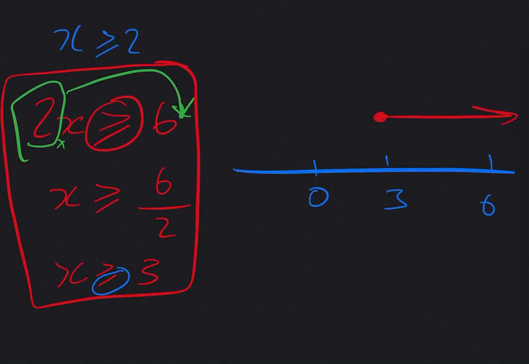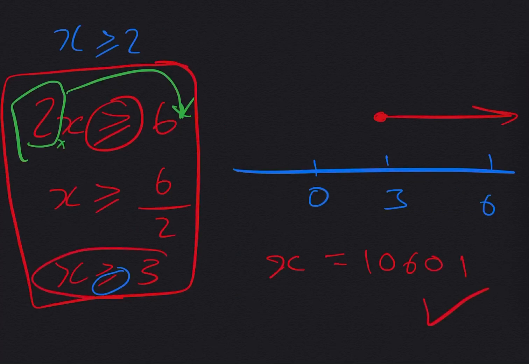It could be anything greater than that. So this has infinite solutions, doesn't it? Because if I were to say x is equal to 10,601, that's fine. That satisfies this inequality because x is a number that's greater than 3.